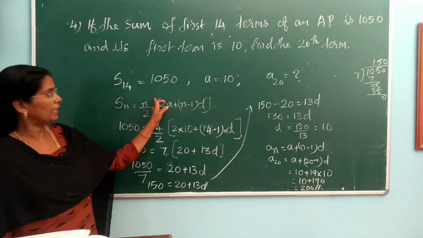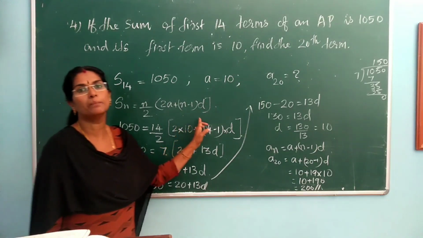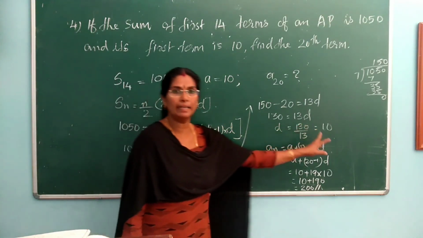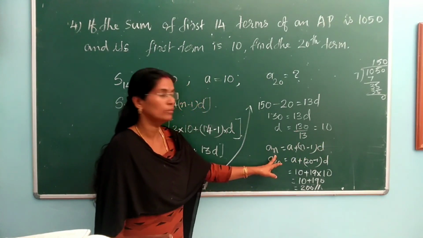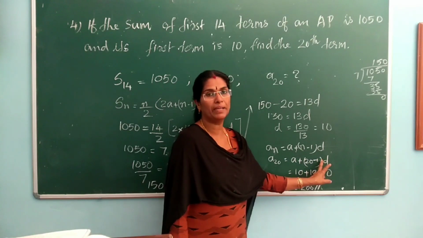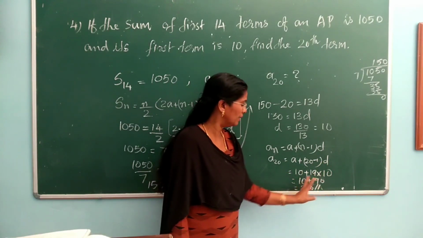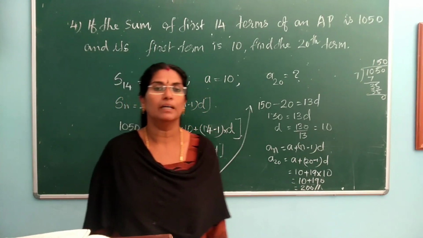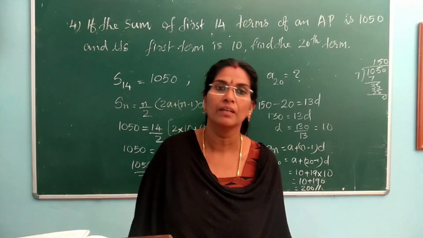Sn is equal to n by 2 into 2A plus n minus 1 into D. Apply this formula, we will get the value of D. After that you have to find A20. A20 is equal to A plus 20 minus 1 into D, or 19D. We apply the values, we will get the 20th term is 200. Okay?